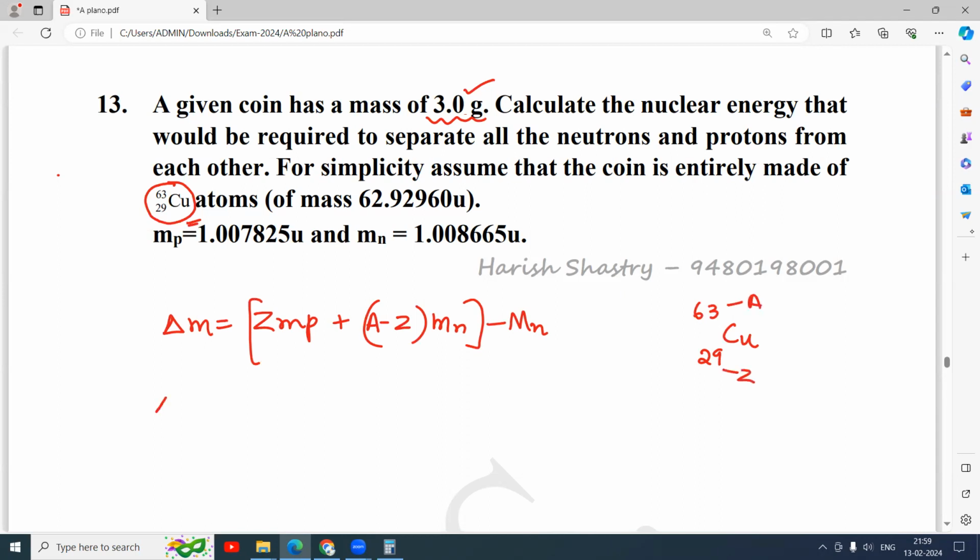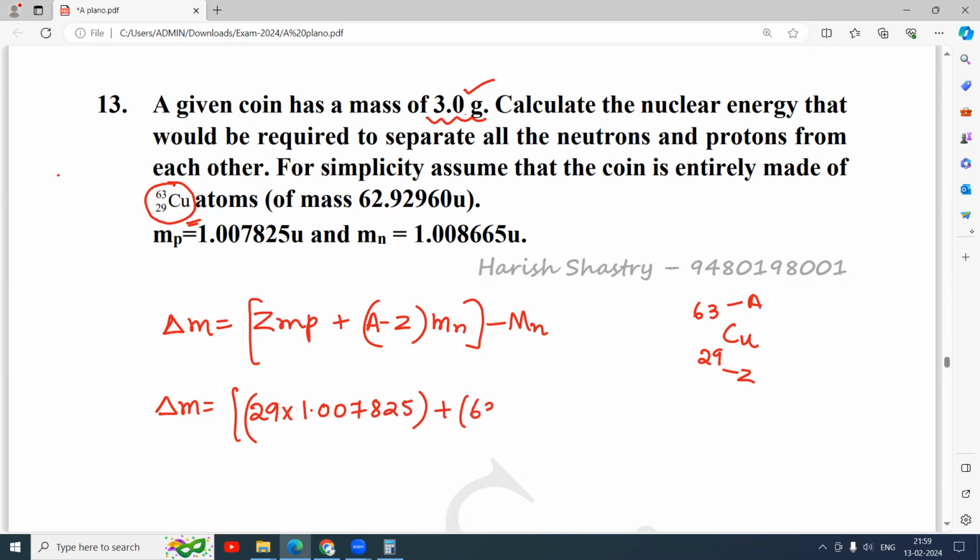So if you substitute the values, the mass defect is Z into mass of proton. Z is 29, into the mass of proton, which is given as 1.007825. So we get the total mass of all the protons, plus (A minus Z) into mass of each neutron.